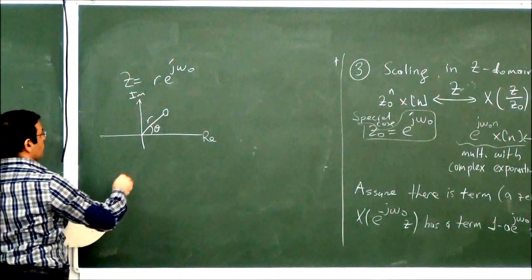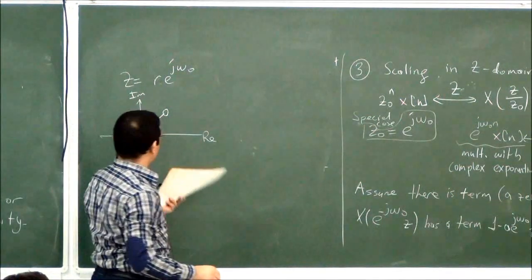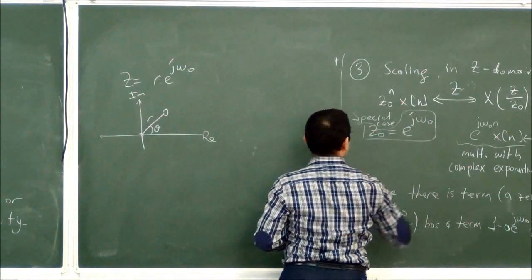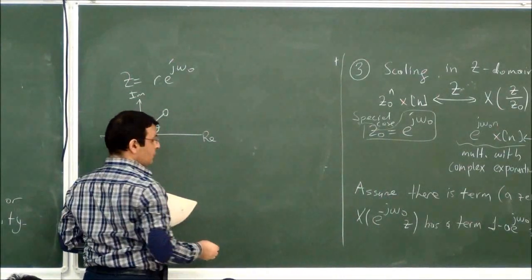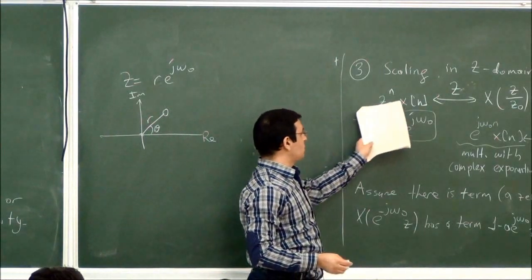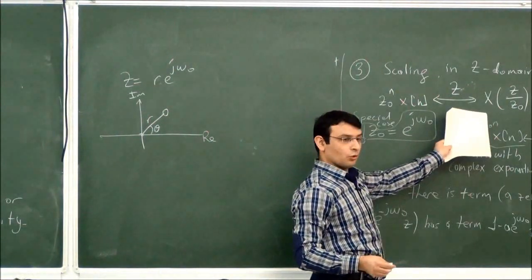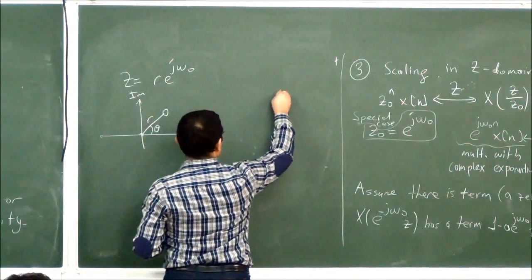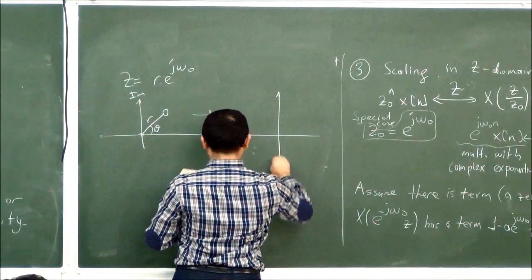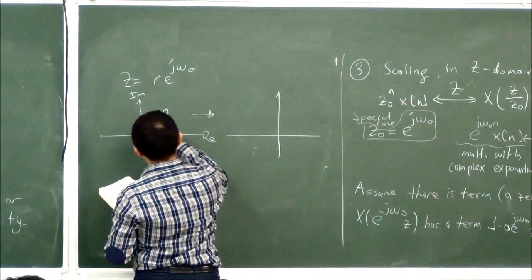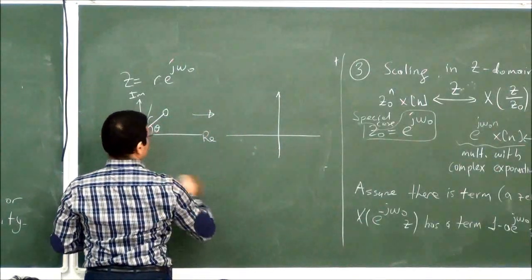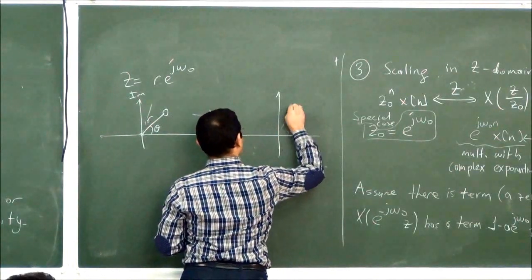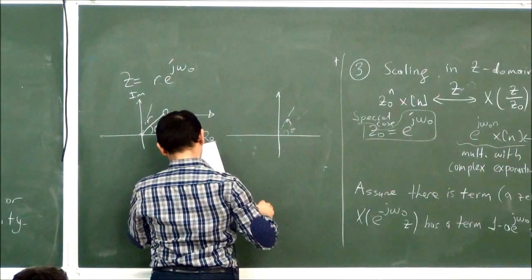Let's say this is the pole-zero plot of your sequence X of z, and after this operation, if you multiply this with z0^n, or in this case e^(j omega 0 n), this will be a rotation in the z plane. What kind of rotation is this? In this case, let's say this is omega 0. So this is theta, the original sequence, and this is omega 0.